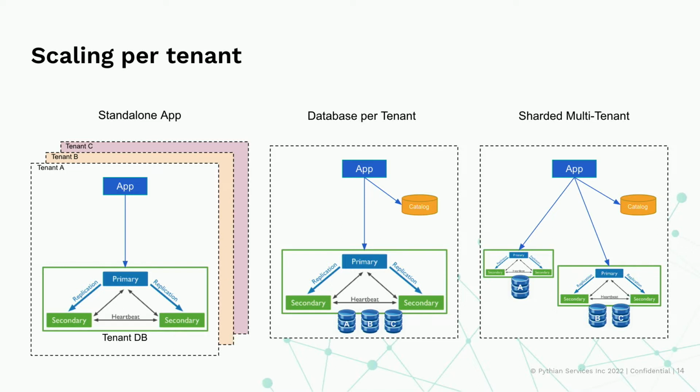And that can be extended where, for example, if you have a large tenant, let's say tenant A can fit into its own replica set, the catalog database will be updated so that your application knows where to send the queries, and tenant B and C can run in a shared database. So this is a shared multi-tenant replication.